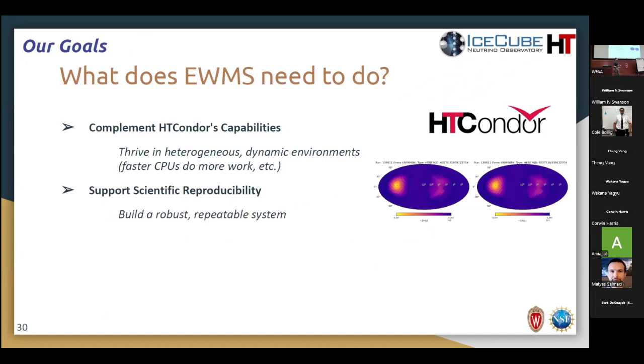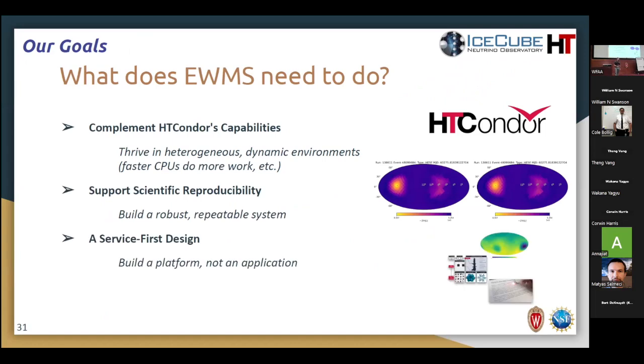We want to support scientific reproducibility along the way by building a robust and repeatable system, making sure we can get stable results and we're not affecting the science. We want to design a service-first approach. So building a platform, not just an application for IceCube, but something that can be applied in other disciplines as well. And if we can, we're going to try to make everyone happy.